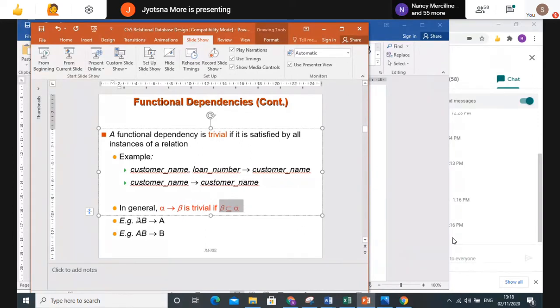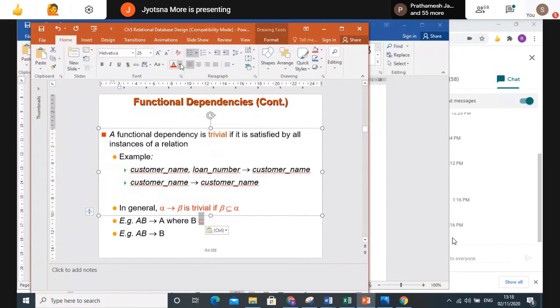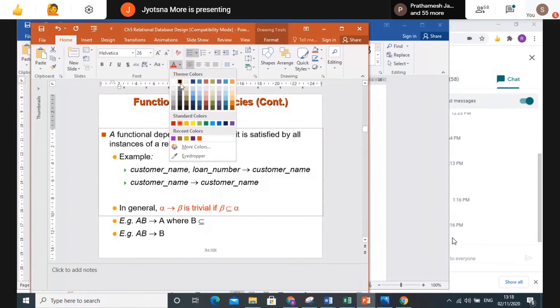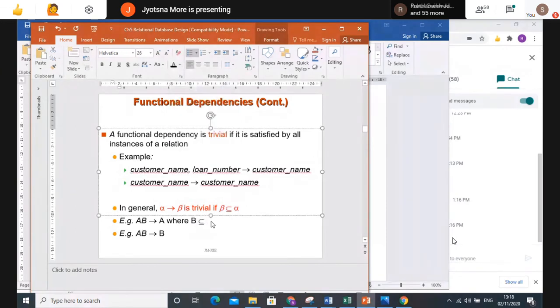Below that, write down, for example, AB determines A, where A is a subset of A comma B. B is a subset of A comma B.